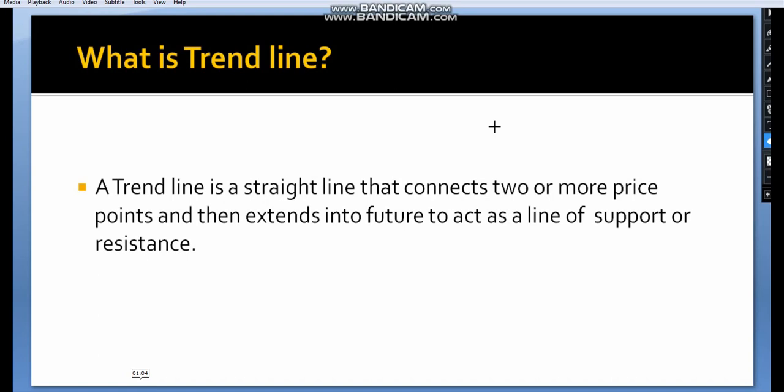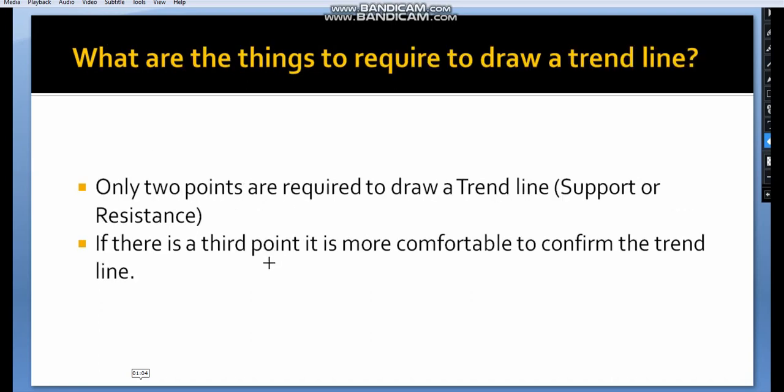So what are the things required to draw a trend line? Only 2 points are required to draw a trend line, support or resistance. I will show you. If this is a market, we need only 2 points to draw a trend line.